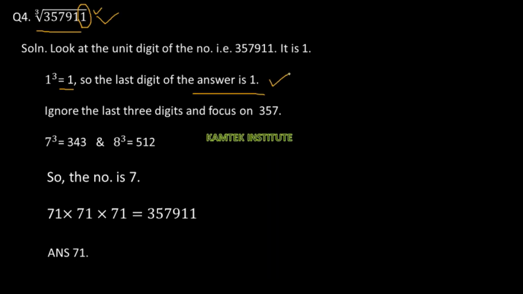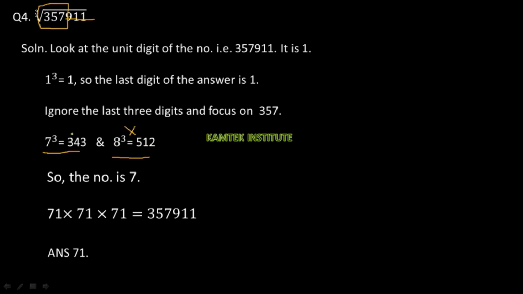Okay, once we have done this, we're going to ignore the last 3 digits on the right hand side and focus on the first 3 digits, and that number happens to be 357. If you remember the cube table, what is a number which when cubed gives either 357 or a little less than that? We know 7 cube is 343 and 8 cube is 512. But since 512 is greater than 357, we'll ignore 8.